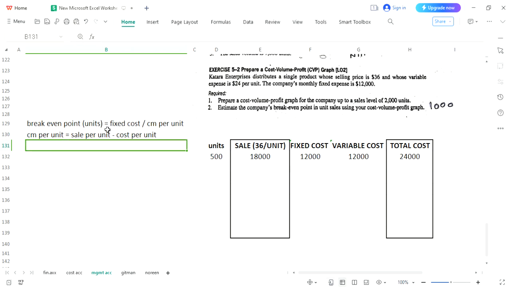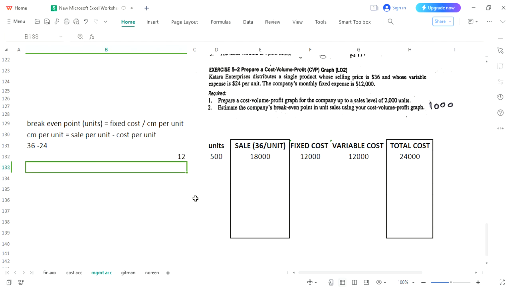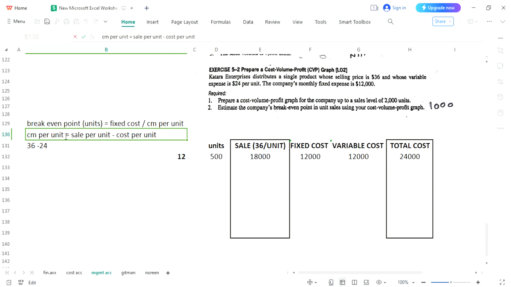Now sale per unit is given over here, 36, put over here, and then you will subtract cost per unit, which is given as 24, it's variable cost. So 24 would be written over here. Now put it on your calculator. 36 minus 24, you will get 12, and this is your CM per unit.